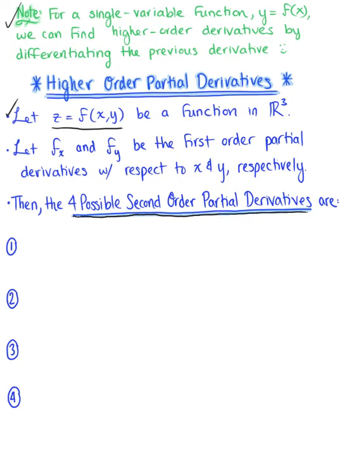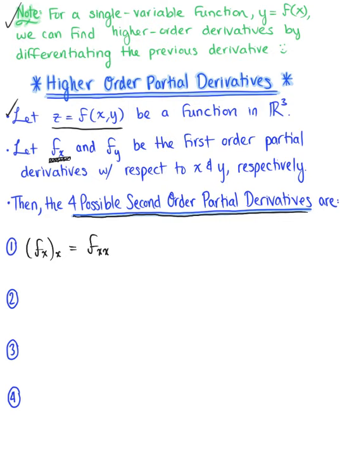So to get us started, let's say we'll begin with the partial derivative of our function with respect to x. We could differentiate this partial derivative with respect to both x and y. So we have the partial derivative with respect to x, and we're differentiating with respect to x, or we would say f sub xx.